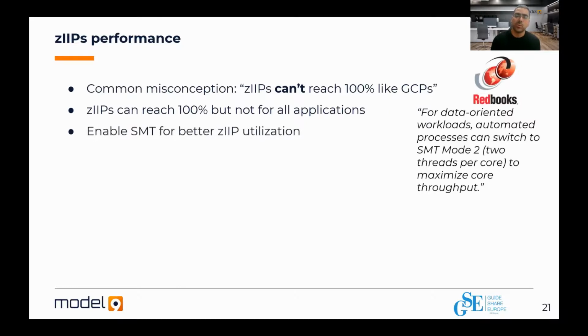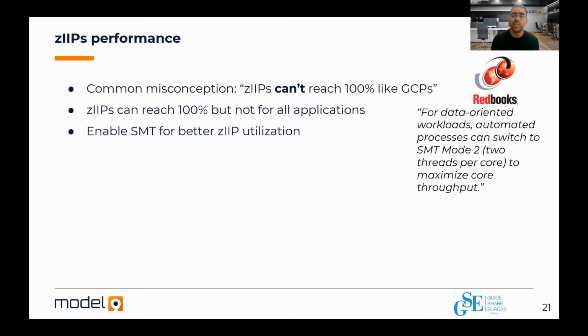SMT is the next thing I wanted to note. There are Redbooks out there, and this is just a quote from one of them. SMT-2 is really the ability to better utilize your zIIP engines by sending at least 2 threads per core. This allows a better utilization of zIIP engines, and it is exactly the right thing to do when you're trying to push massive amounts of data with your zIIP engines.